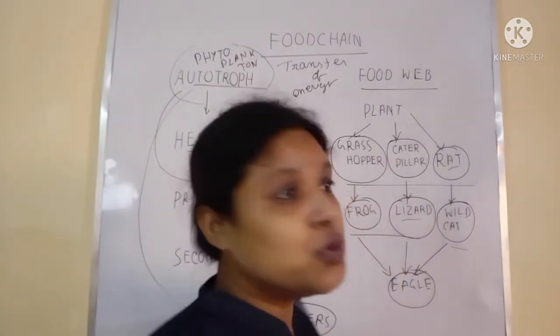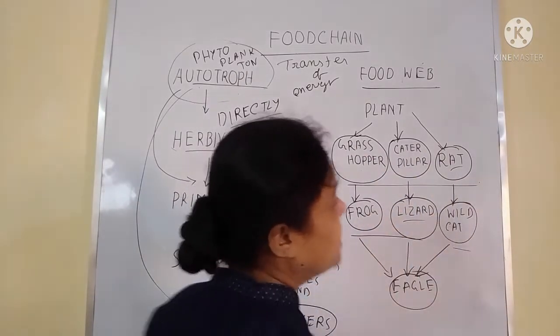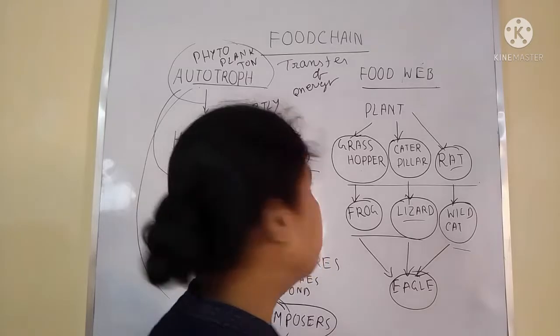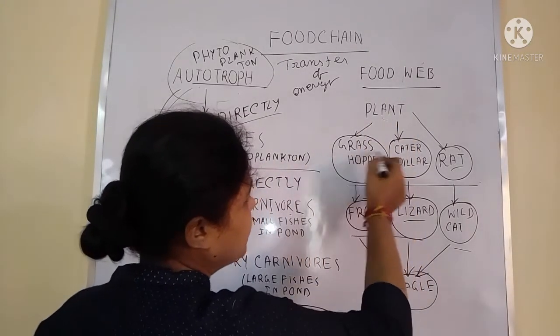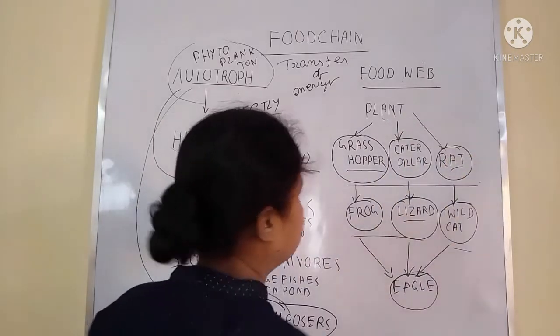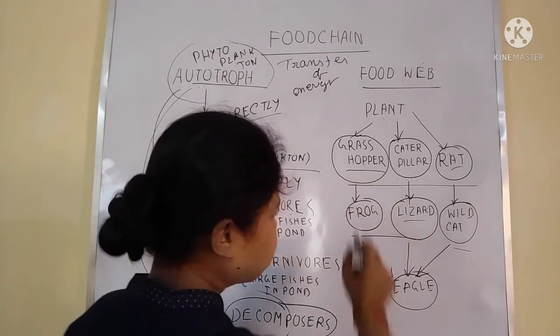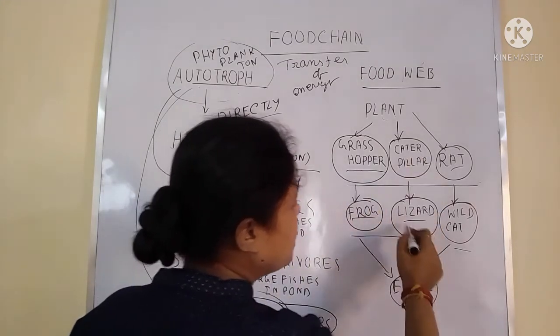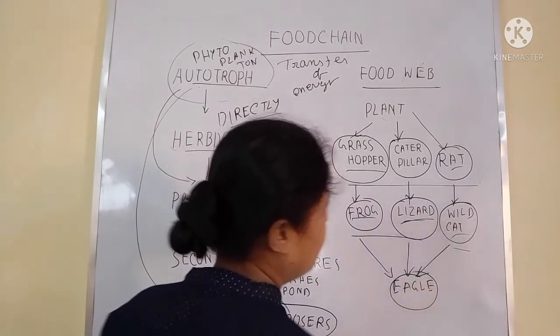What is food web? When two or more food chains are integrated with each other, then this is called the food web. So here you see that plant is taken up by the grasshopper, and in second caterpillar, and third the rat. And in second stage, the grasshopper is eaten up by the frog, caterpillar is eaten by the lizard, and rat is eaten by the wildcat.